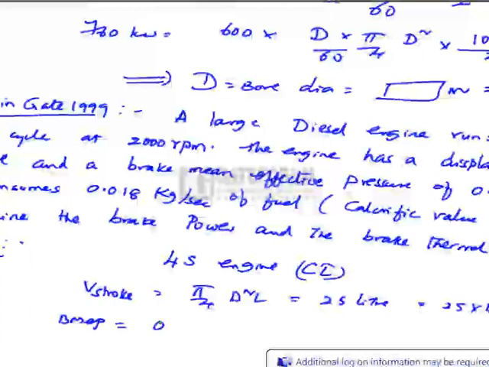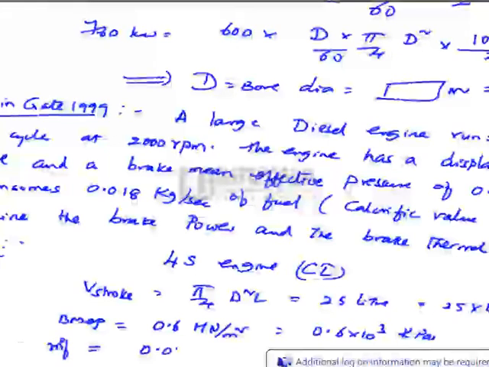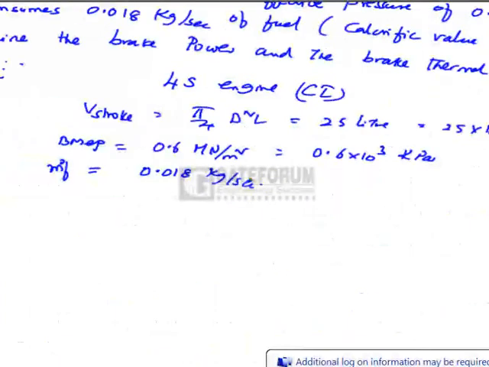BMEP is given as 0.6 megapascals, that is 0.6 into 10 cube kilopascals. Fuel consumption rate is given as 0.018 kg per second of fuel.